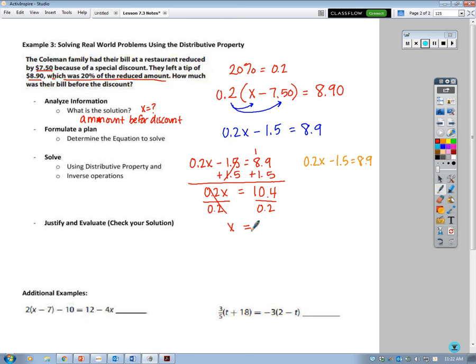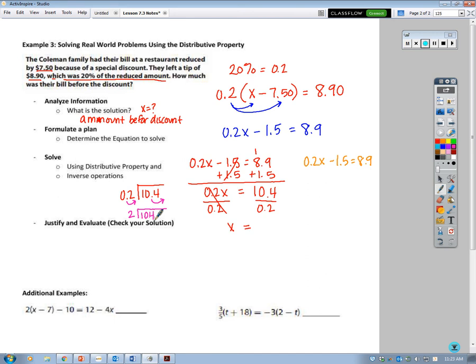Remember, when you are dividing decimals, if you're doing this longhand, top in, bottom out, 10.4 divided by 0.2. When you divide by decimals, this is a little tangent here, you need to move the decimal in that front number until you have a whole number, and move the decimal on the inside to match the number of times you moved it on the outside. So you would now have 2 and 104, and then you would solve as normal.